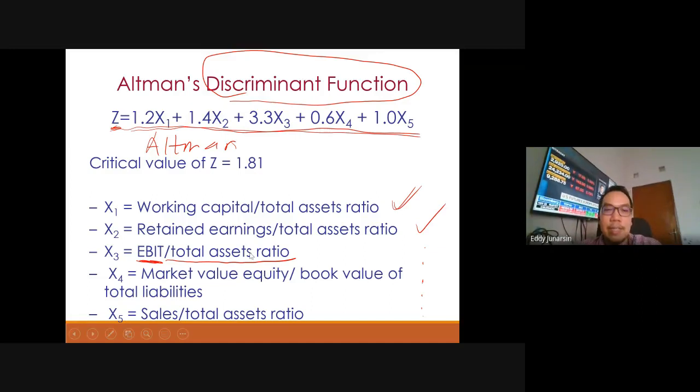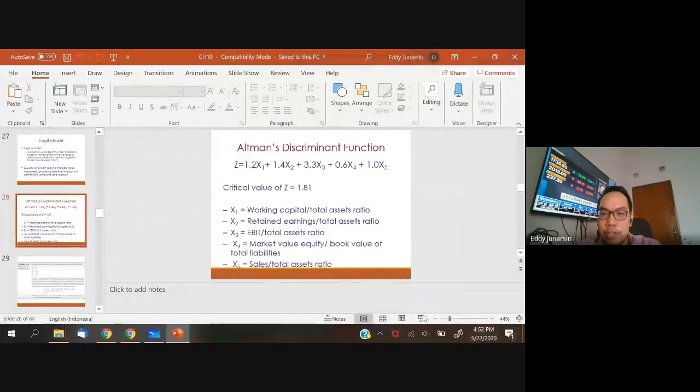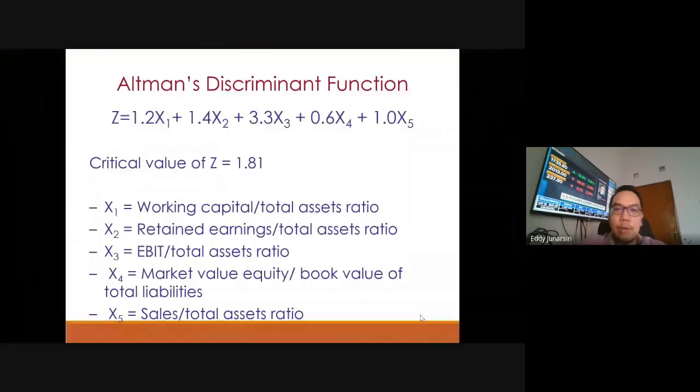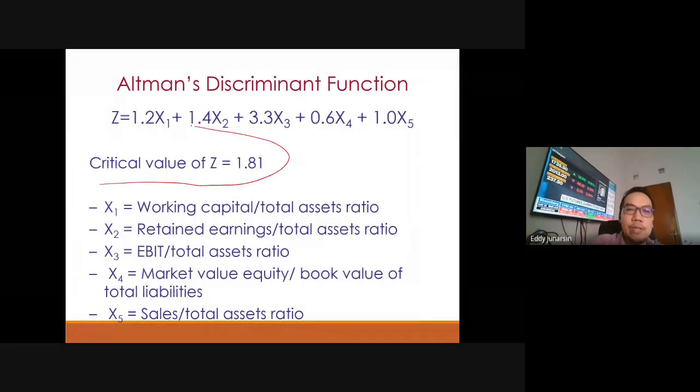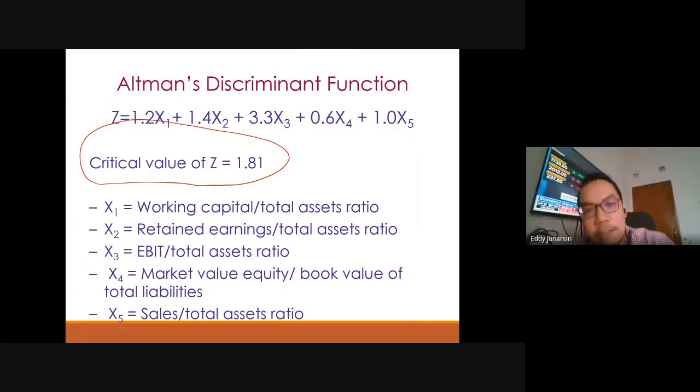So it's quite convenient for us because we already got the coefficients from time to time. And based on the original version, 1.81 is the critical value. So if it's below 1.81, it means that the probability of default is quite high.